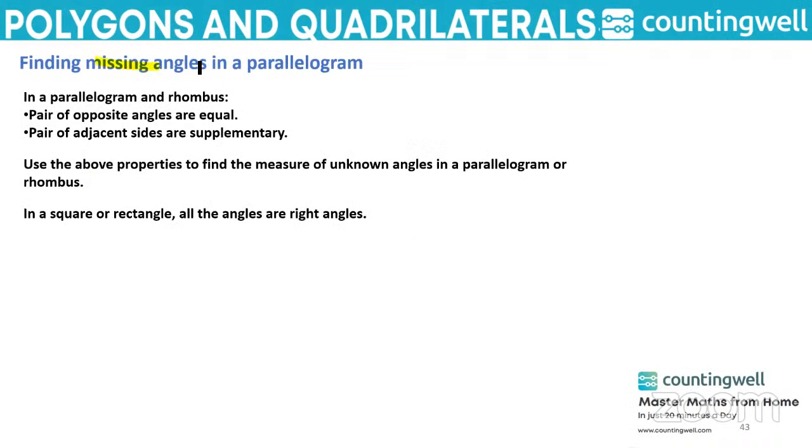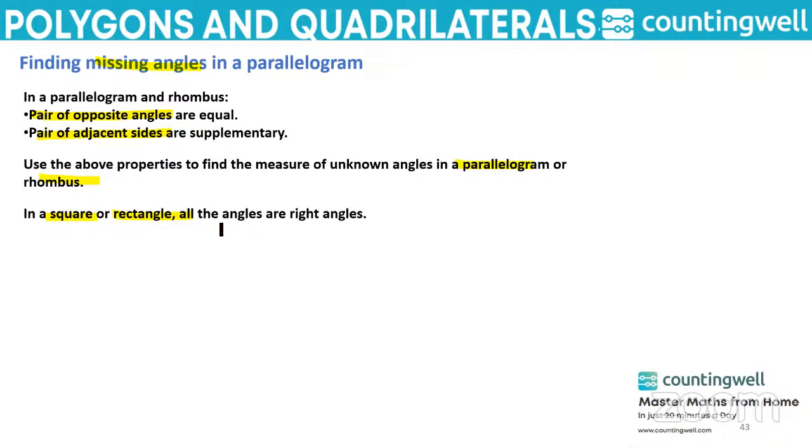Now to find missing angles in a parallelogram, remember that pairs of opposite angles are equal and pairs of adjacent angles are supplementary. So using the above properties, you can find the unknown angles in a parallelogram or rhombus. Also, don't get confused by the angles of a square and rectangle.